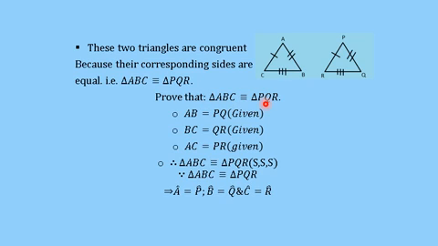I said the order matters. The first letter here is A, and then there is P, so angle A equals angle P. Second letter B, Q, it means angle B equals angle Q. And the last letter C and R, it means angle C equals angle R, because these 2 triangles are congruent.